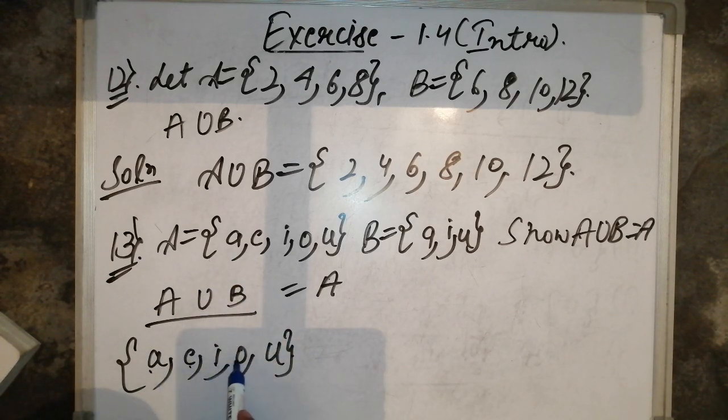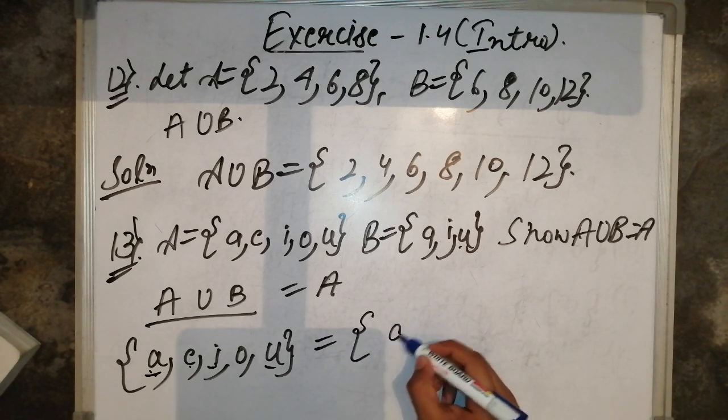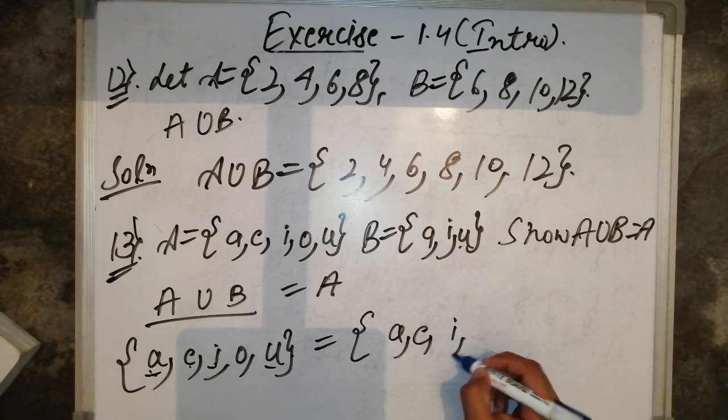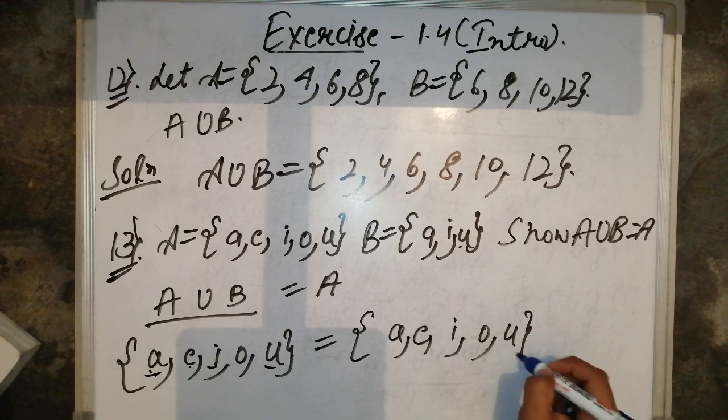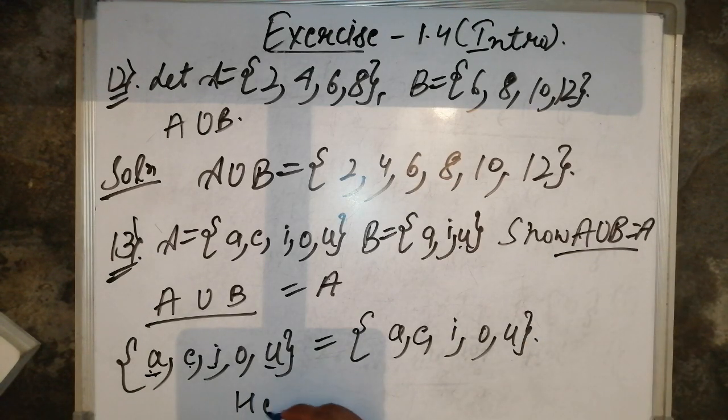A E I O U, A I U. Okay, and let's write A set: A E I O U. Now see, are these both of the sets equal? Yes. Hence it is verified. Hence true.